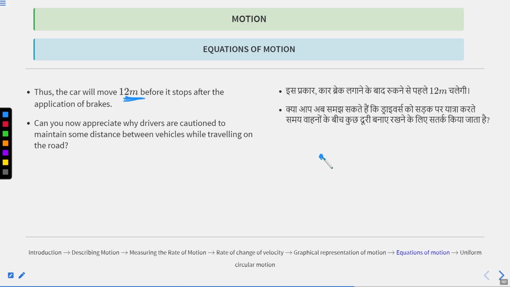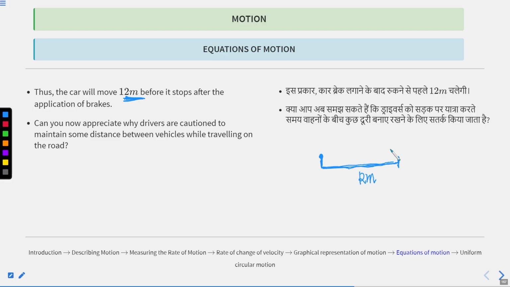You pressed the brake here and the car moved 12 meter, then the car stops. That's why you have to maintain distance between two vehicles, so that if the vehicle behind applies the brake, it does not hit the vehicle in front.